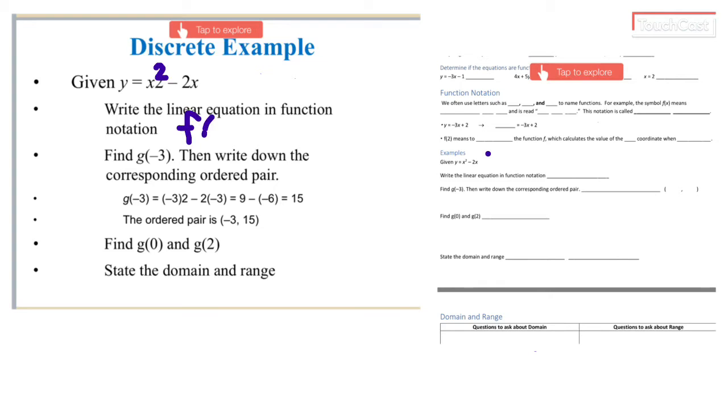So we're going to say f of x is equal to x squared minus 2x. Now we have replaced our output value with an f of x, saying that whatever we have over here on the right is a function of x, and we can input any independent x into this equation, and we will get out some value for our y, or our function.